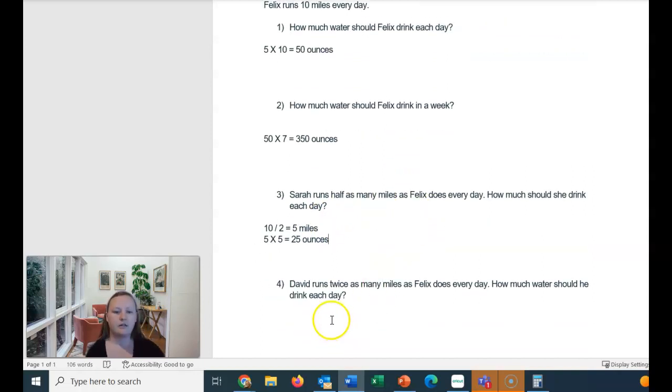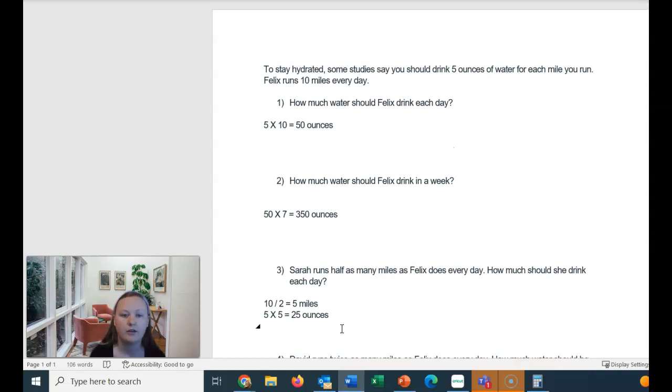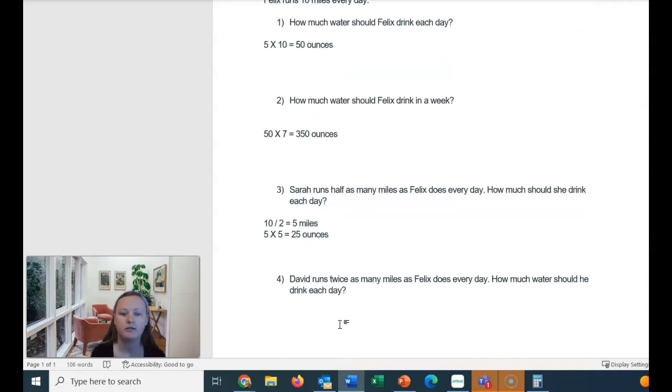And our last question says, David runs twice as many miles as Felix does every day. How much water should he drink? Okay, so Felix runs 10 miles, so I'll do 10. And David runs twice as many miles.